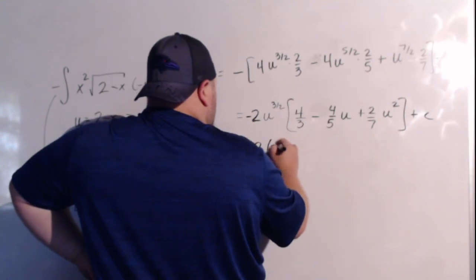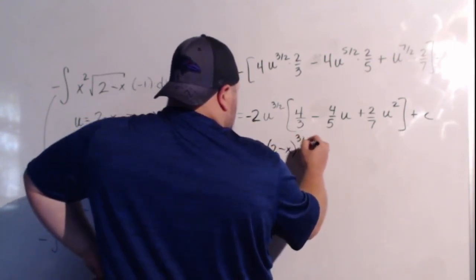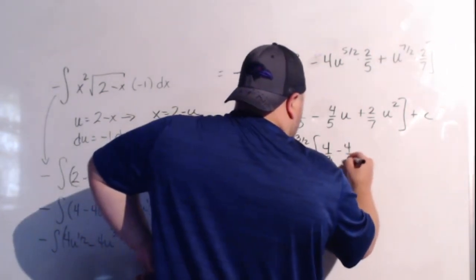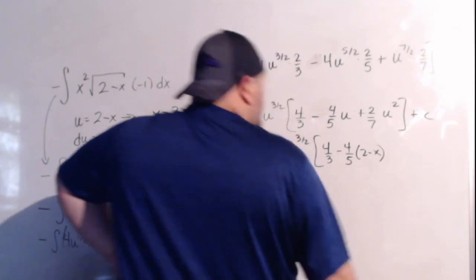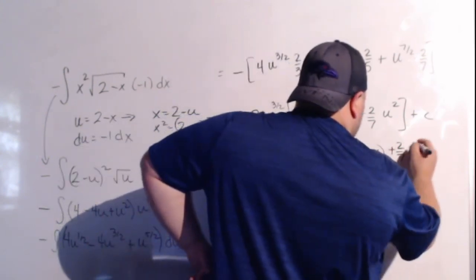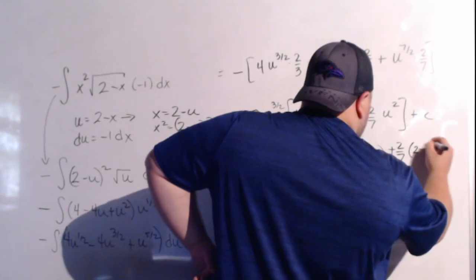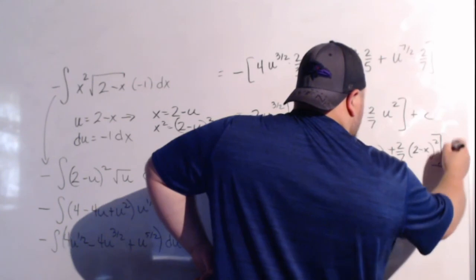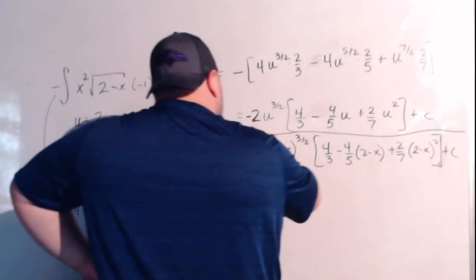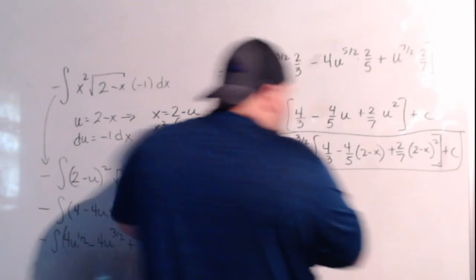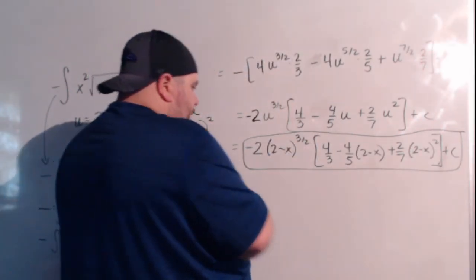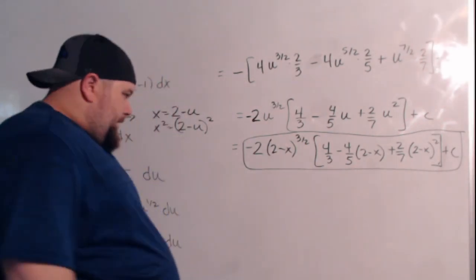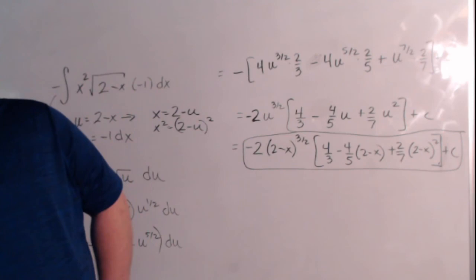So u is equal to 2 minus x to the 3/2, and then inside we've got 4/3 minus 4/5 times u plus 2/7 times u squared. I'm sure there's some other way to write that, but for now I think that's probably good. You could technically multiply all this out and try and simplify, but I am perfectly happy with that form.